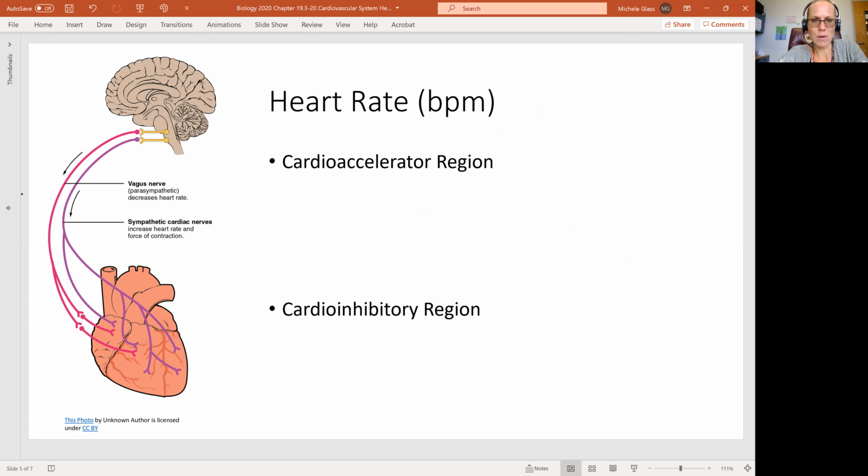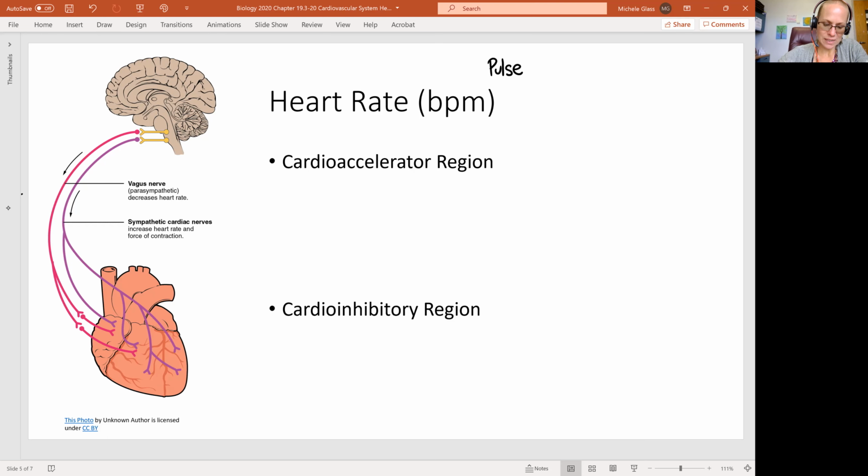So heart rate, remember, can be measured by your pulse, where you can actually feel the movement of the blood as it's pumped through the radial artery. And it is the number of beats per minute. So we're seeing how many cardiac cycles your heart can do in a minute.